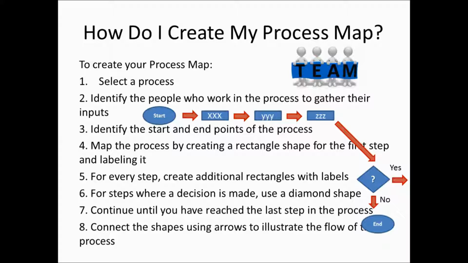The start, the end, every step in a rectangle with a label of what happened in it. Then if there is some decision, we will put it into a diamond shape. If yes, it will go in one direction, and if no, it will go to another direction. And we will show you how to do it using Excel.